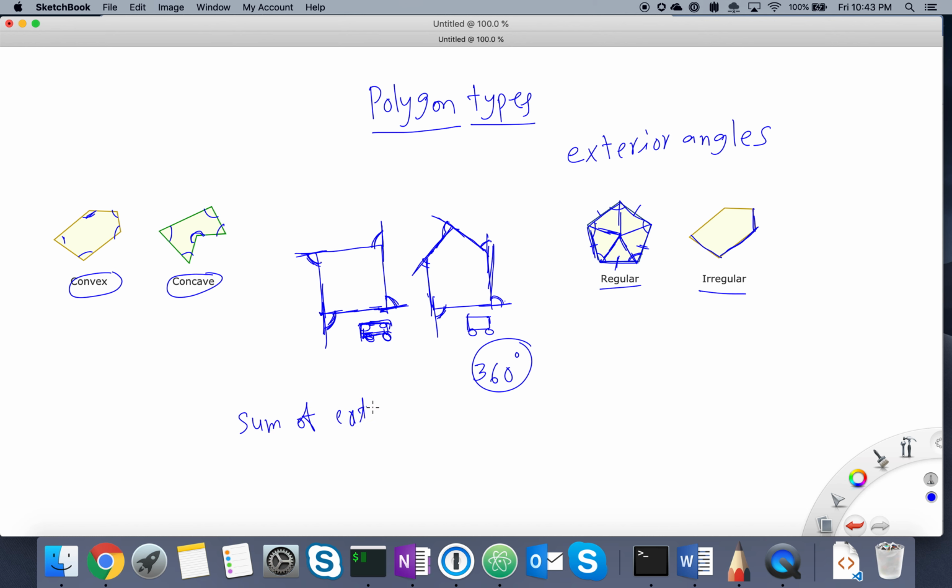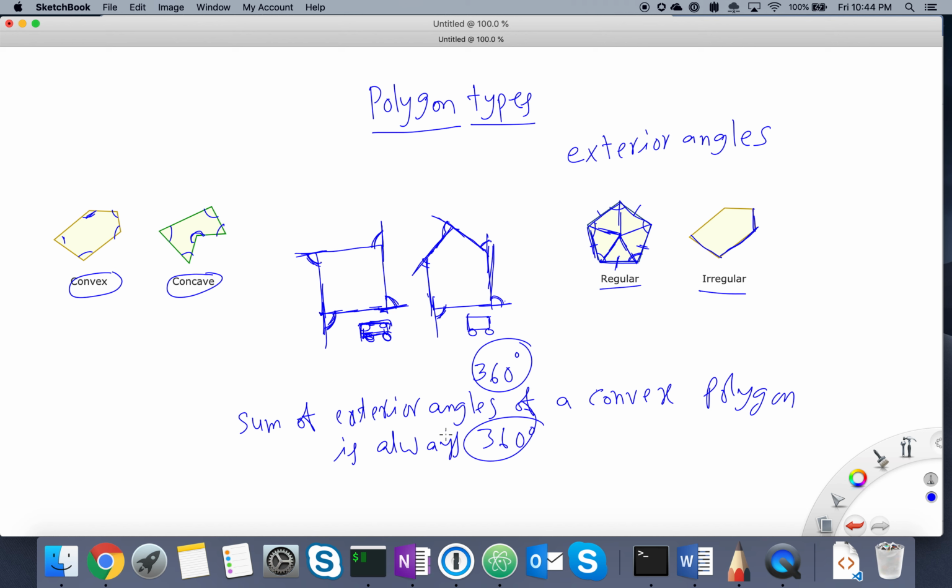So what I'm trying to say is that the sum of exterior angles, but it has to be a convex polygon. It doesn't work with concave because of the dent or inward angle. The sum of exterior angles of a convex polygon is always 360 degrees.